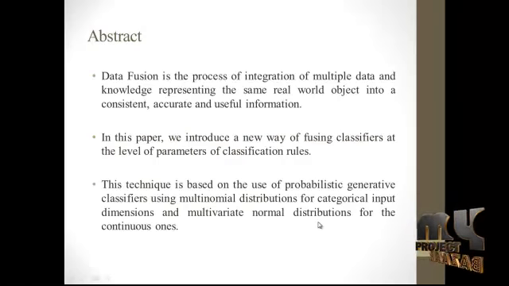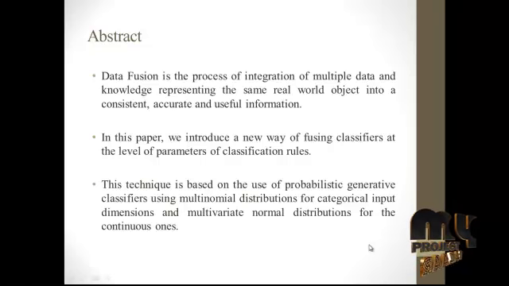Now let me discuss the abstract of our process. Data fusion is the process of integration of multiple data and knowledge representing the same real-world object into a consistent, accurate and useful information. In this paper, we introduce a new way of using classifiers at the level of parameters of classification rules. This technique is based on the use of probabilistic generative classifiers using multinomial distributions for categorical input dimensions and multivariate normal distributions for the continuous ones.